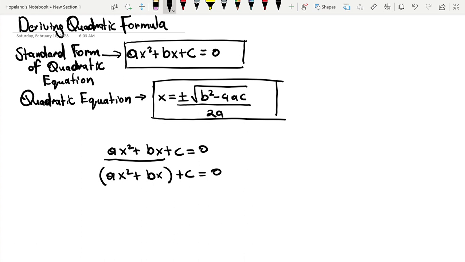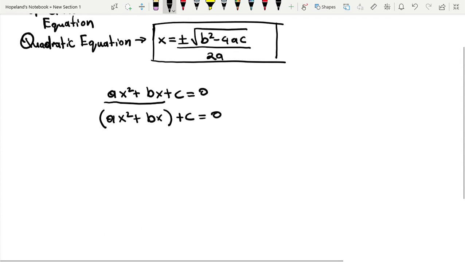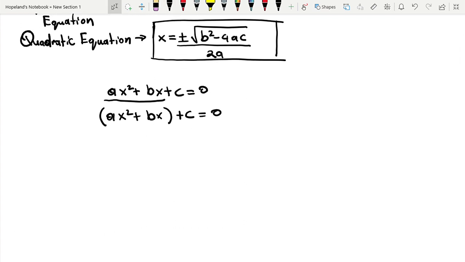Now you're going to factor out an a from the parentheses. So you're going to have a times x squared plus bx over a, plus c is equal to 0.